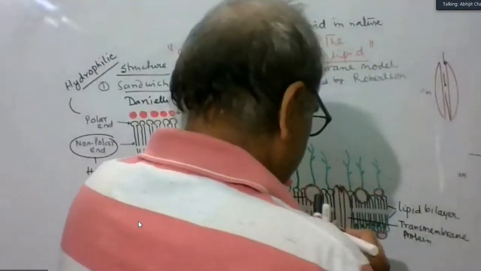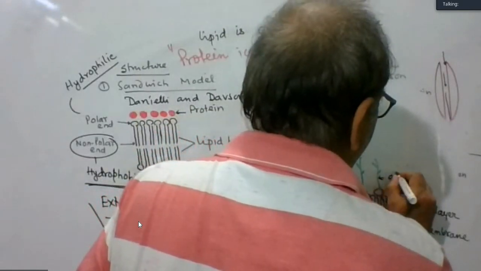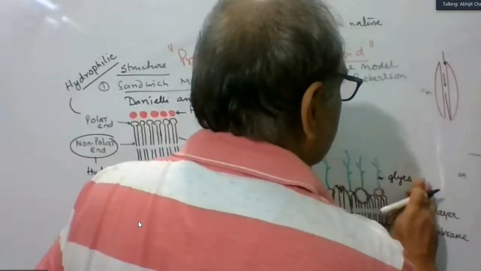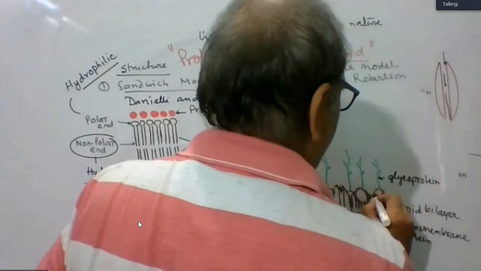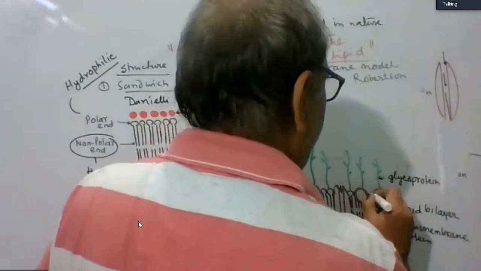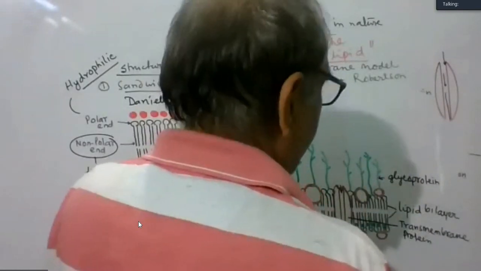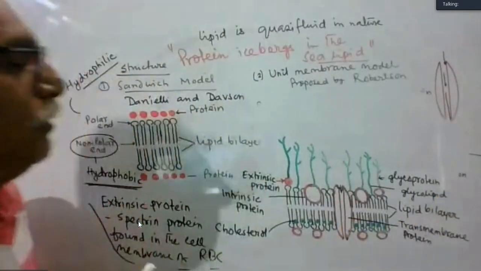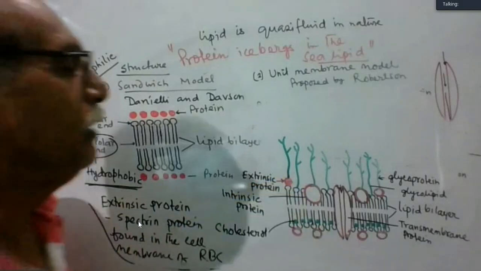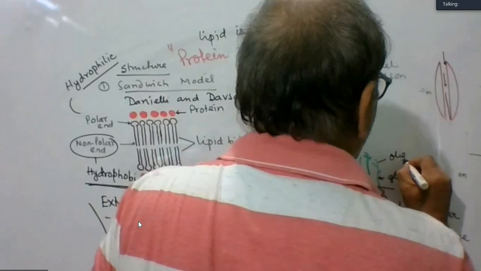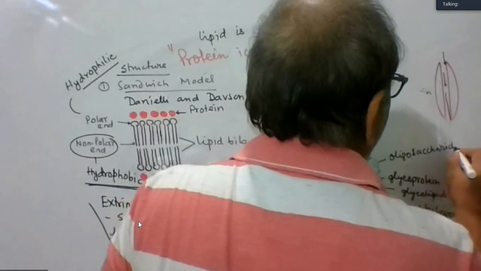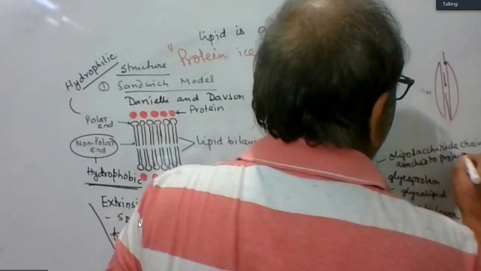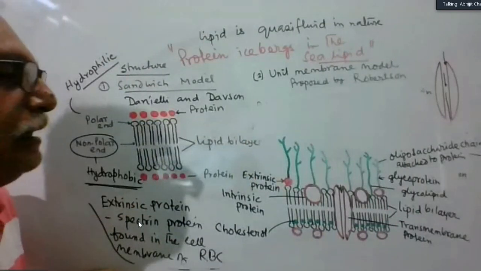So in this way, it is an oligosaccharide chain attached to protein, hence it is called glycoprotein.